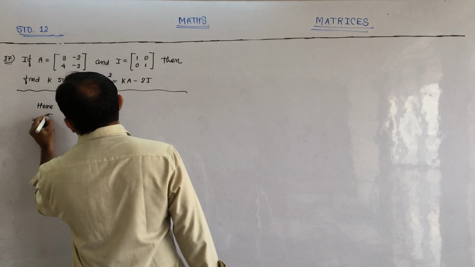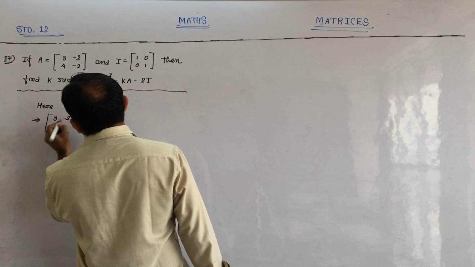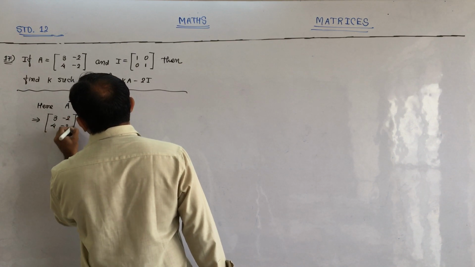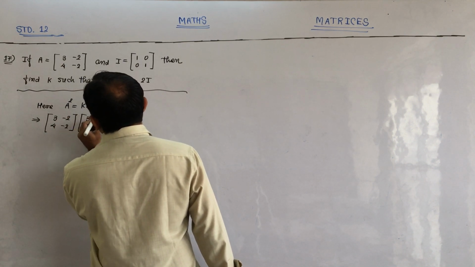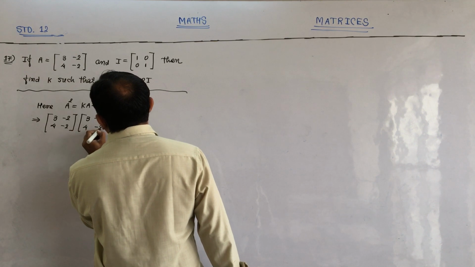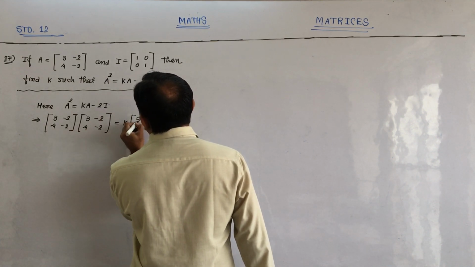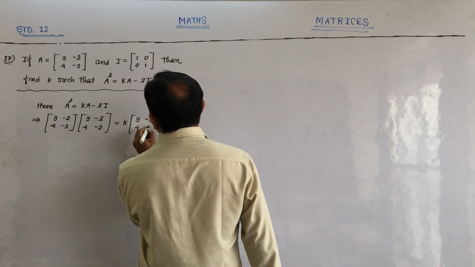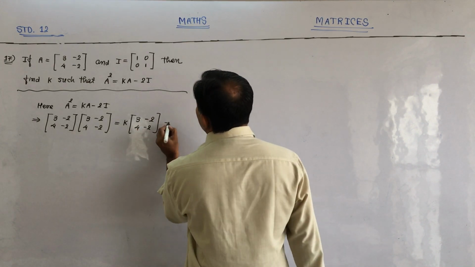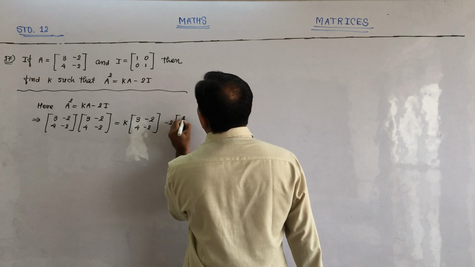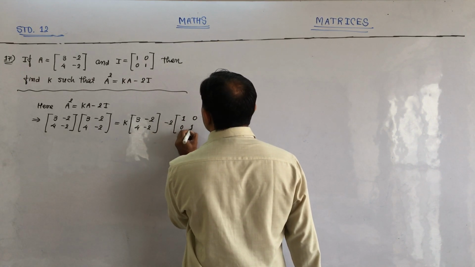Now A square means the matrix 3 minus 2, 4 minus 2. Again we have to multiply with 3 minus 2 and 4 minus 2, very well. And that is equal to K into again 3 minus 2, 4 minus 2, and minus 2 times I means 1 0 0 1, right?